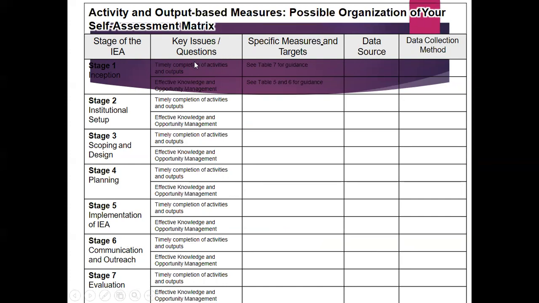For each of those, we've identified specific issues or questions that we would like to be able to answer. For each question, in the next column, what you would do is identify the specific indicators that you would like to measure.